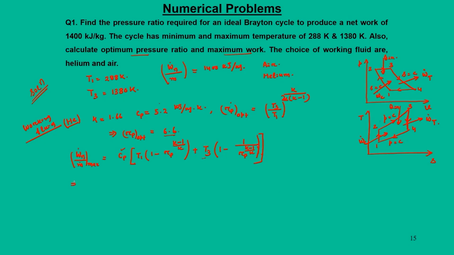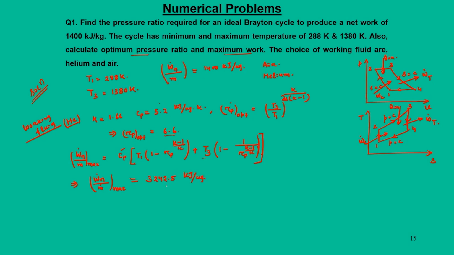This will give you W dot n by m dot maximum, and this value is 3242.5 kilojoule per kg.